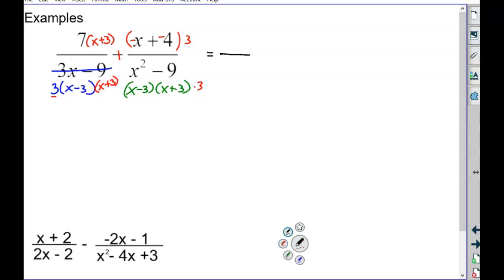So the next thing I'm going to do is just write that denominator out once. There's my denominator. The top part, though, we've got to do some work. I have to distribute 7. So 7 times x will give me 7x. 7 times 3 is a 21.